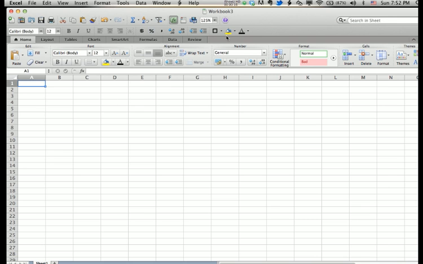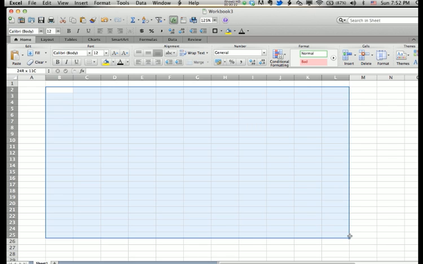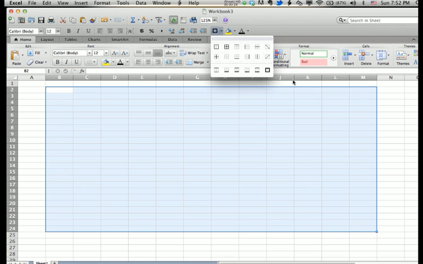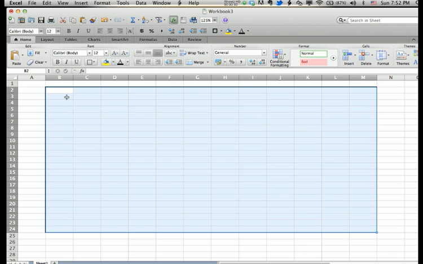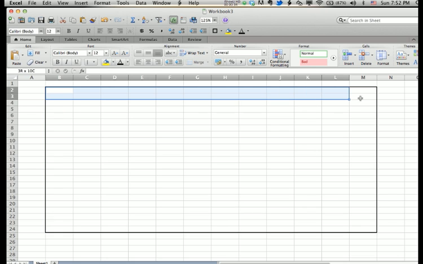Okay, so the first thing we're going to do here is I'm just going to kind of stake out some space for the interface. I can probably change this later. I'll maybe merge these cells.